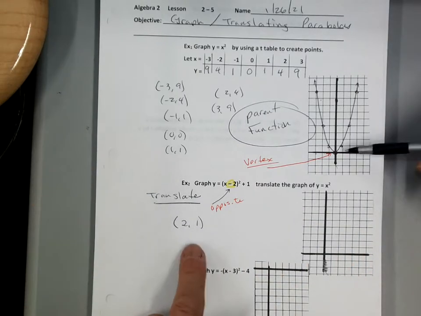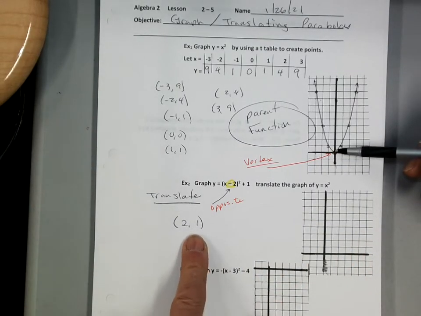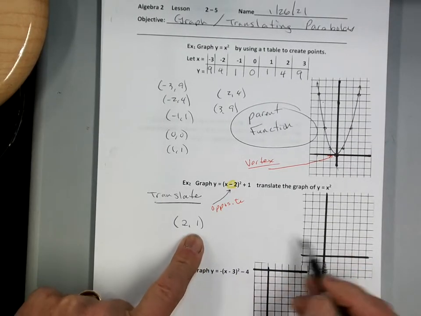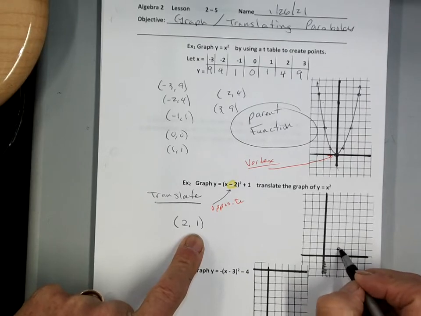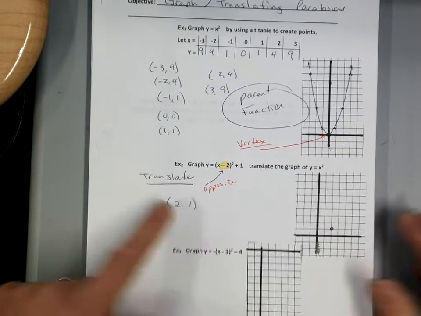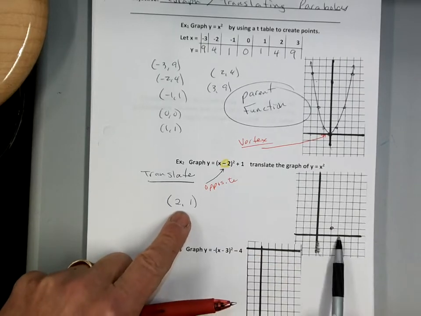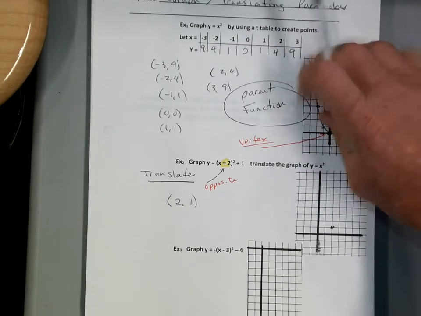So I'm going to take the vertex and move this whole entire graph over 2, up 1. That's what I'm going to do. So I'm going to take this graph and put it here. So I just translated it, positive 2 up 1, and then I'm going to put this graph right here.